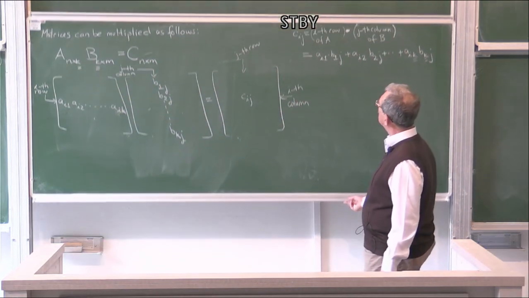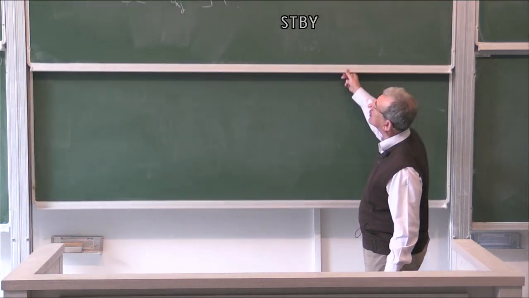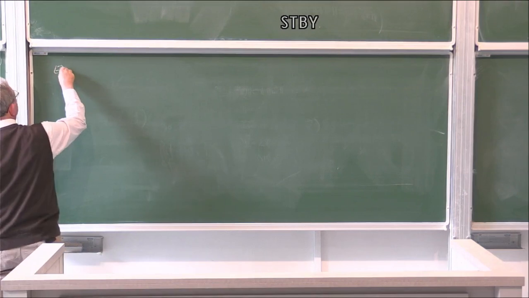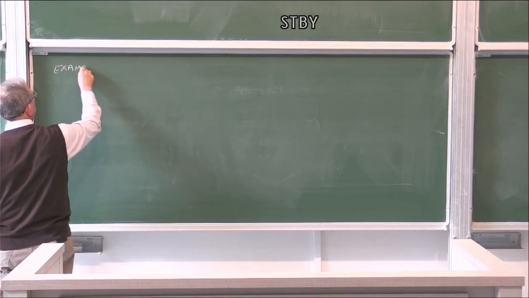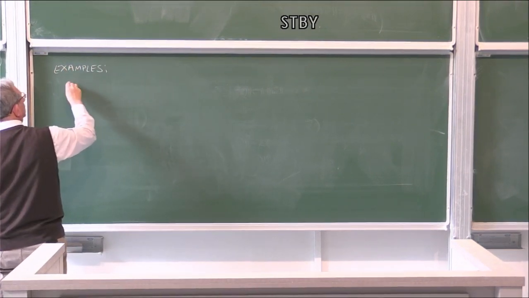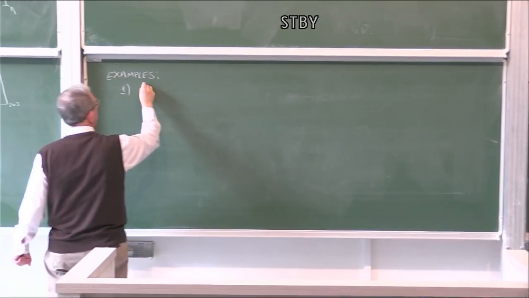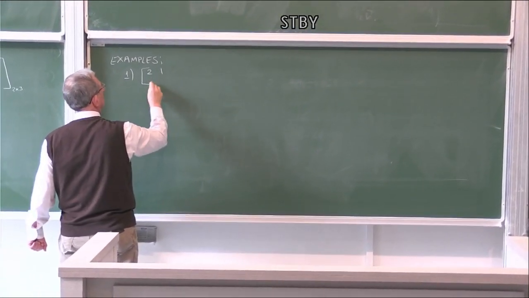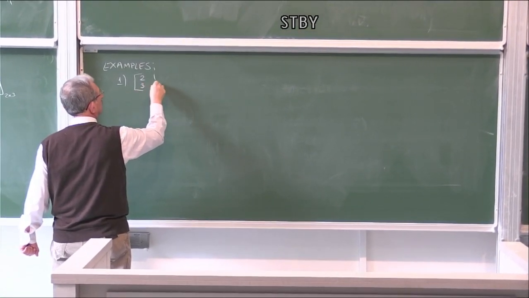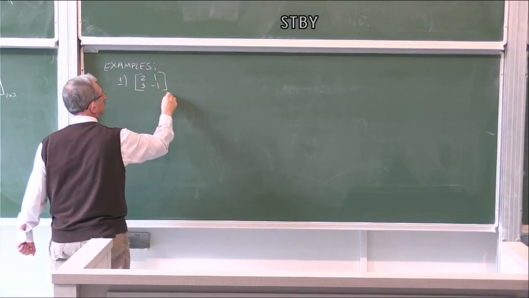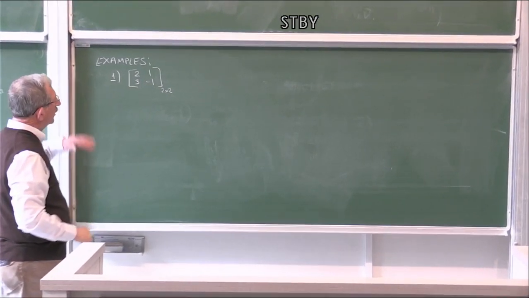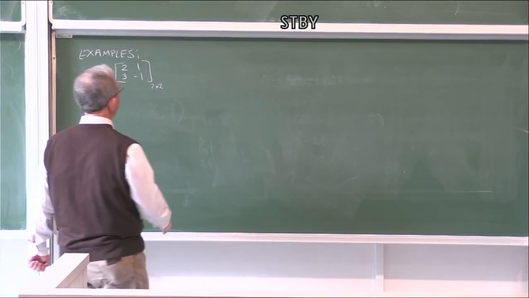This is not as complicated as it looks. We will see it from the examples immediately. Okay, let us take, say 2, 1, and 3, minus 1 as a matrix. It's 2 by 2. Now, the other one must have 2.